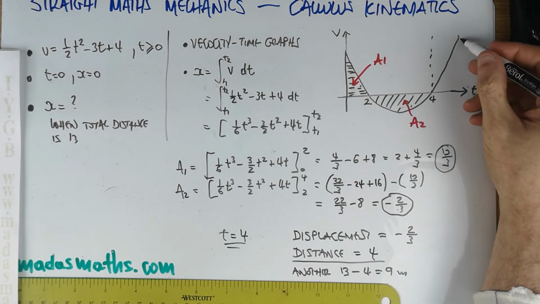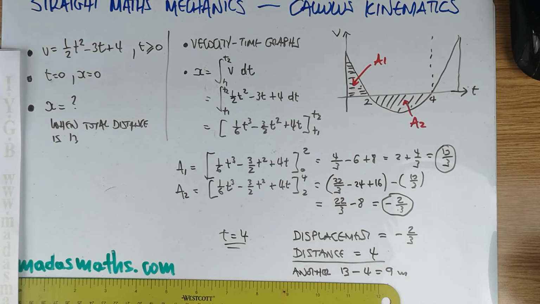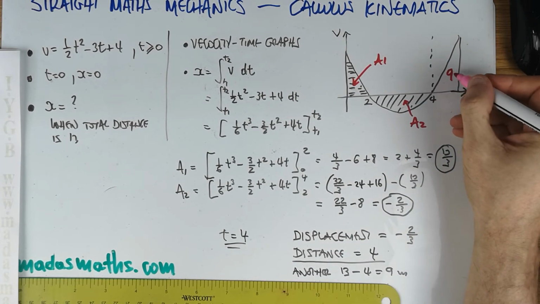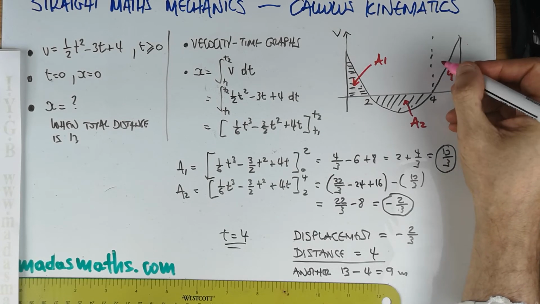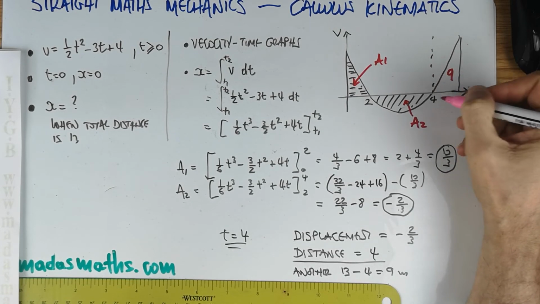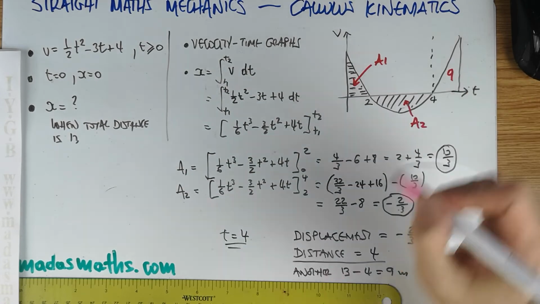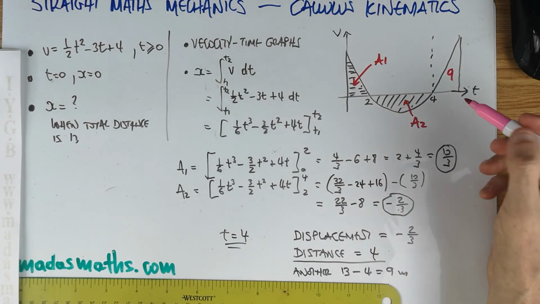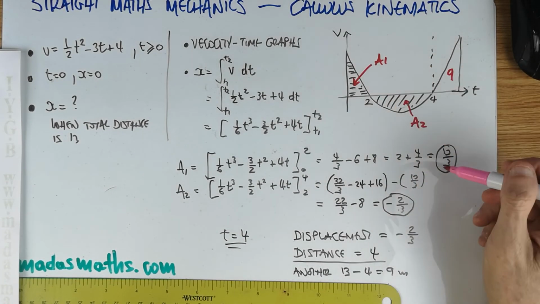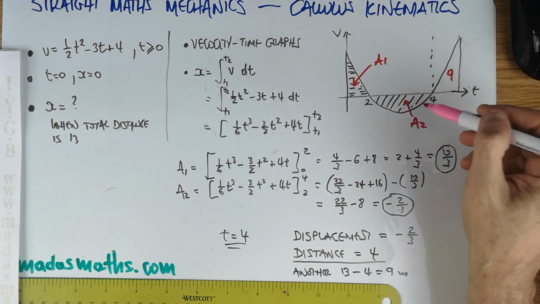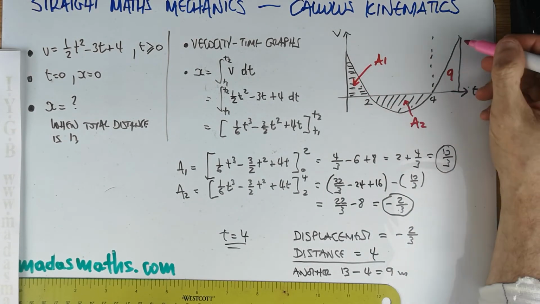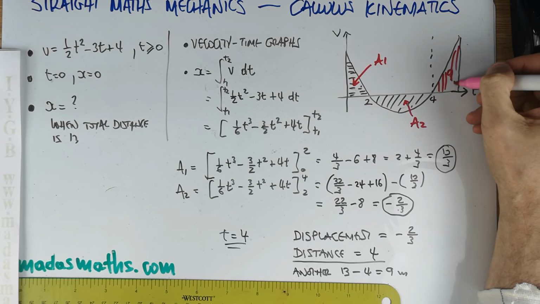And of course, I don't need calculus for that. It doesn't ask for the time. I need to know, or the A3 rather, from there to some kind of time, which is going to be bigger than 4. I need another 9. That would give me, of course, a total of 13 meters in distance, but the displacement now is going to be 9.